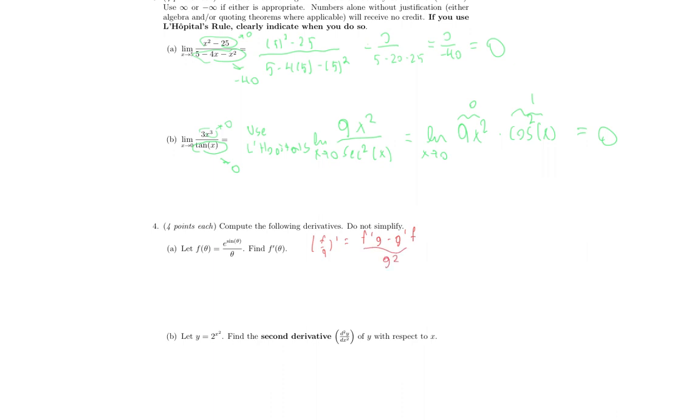And there might be some other stuff, like an e to the sine, that might involve a chain rule. So what I'm going to do is label my f. F is different from f theta, so my f is e to the sine theta. G is just theta. So f prime, well, that's going to be a chain rule.